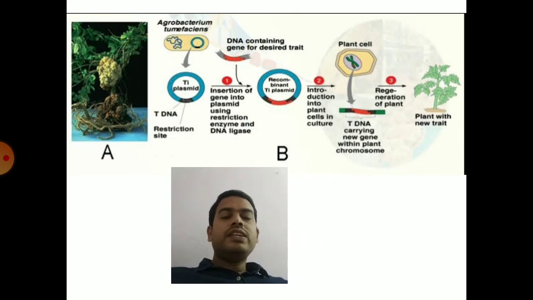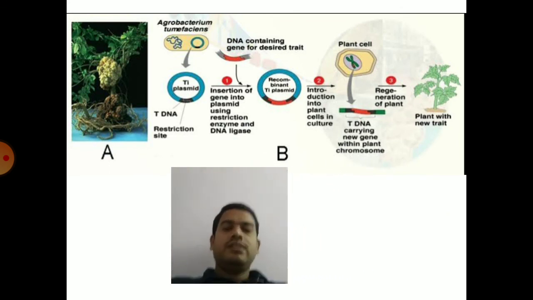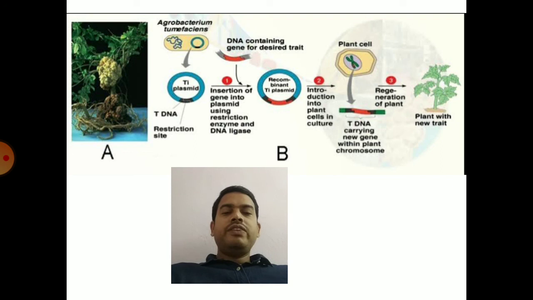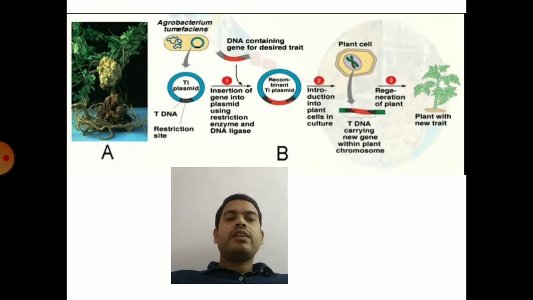The next one is the biological method. In the previous classes we have seen the Ti plasmid, the tumor inducing plasmid of Agrobacterium tumefaciens, which contains tumor inducing genes between the left and right borders. That is removed and your foreign DNA is introduced between the left and right borders, and this Ti plasmid is introduced into Agrobacterium tumefaciens.